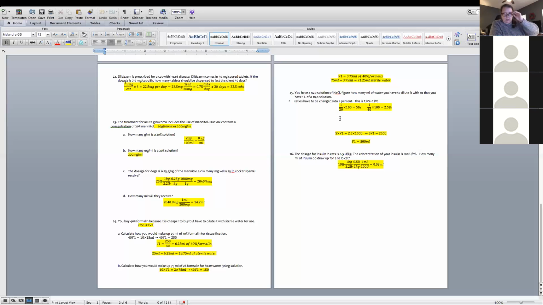Okay? You want to get it out of a ratio and into a percent. So we're going to take a 5% solution, and we want a 1 to 40 solution. 1 divided by 40 is 0.025, times 100 gives you 0.25%.